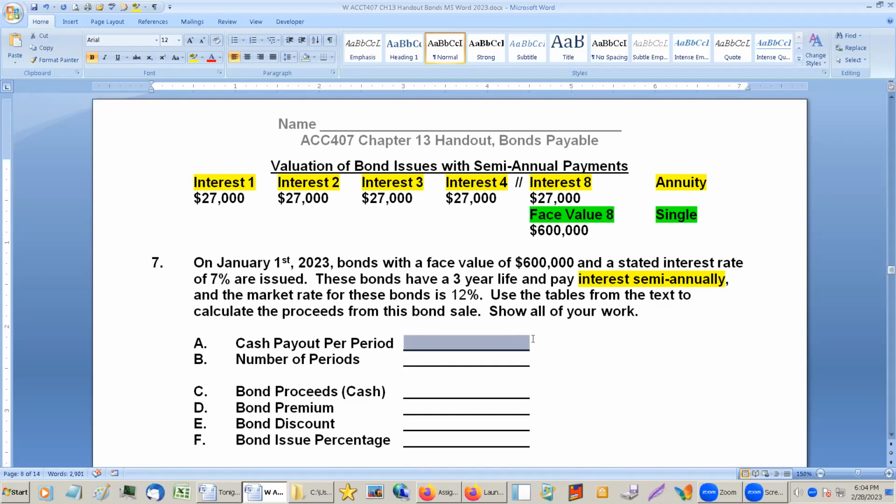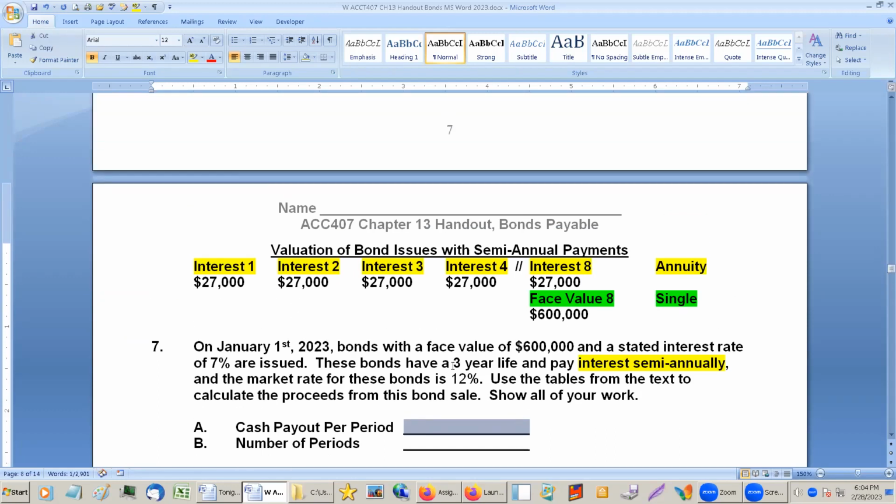So let's go through this. Cash payout period, we have this for 3 years, and it's paid semi-annually.